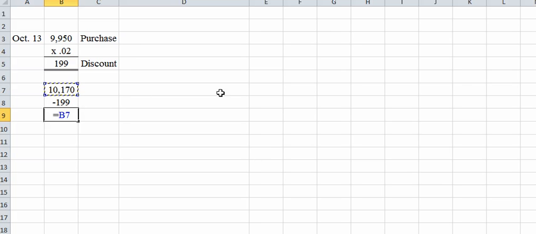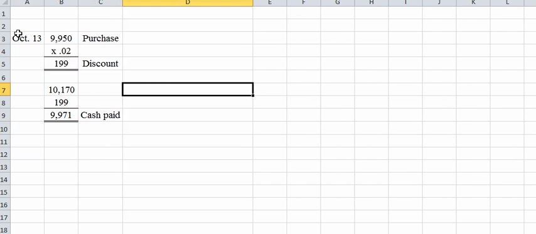Was the $10,170 minus the $199. I don't need that negative sign, sorry. There we go. Alright, so we're subtracting the discount from the total that we're showing that we owe them in accounts payable, and that gives us cash paid.